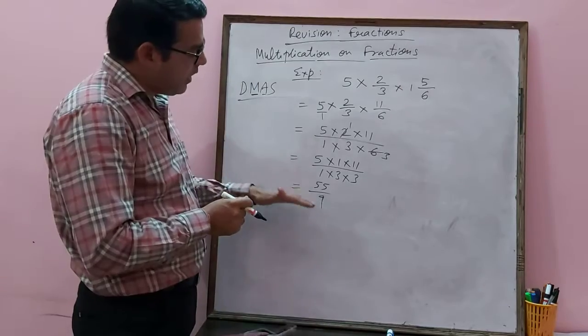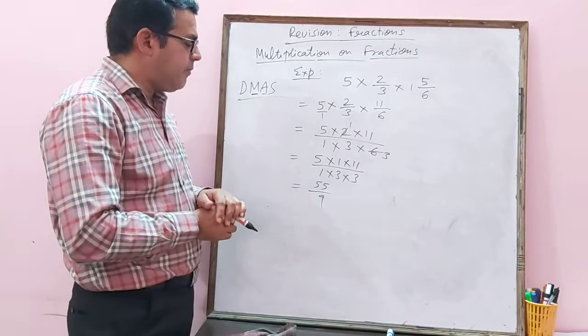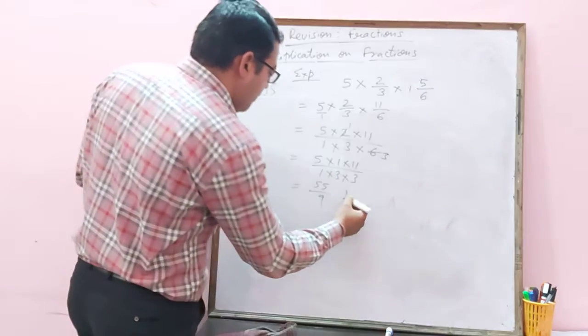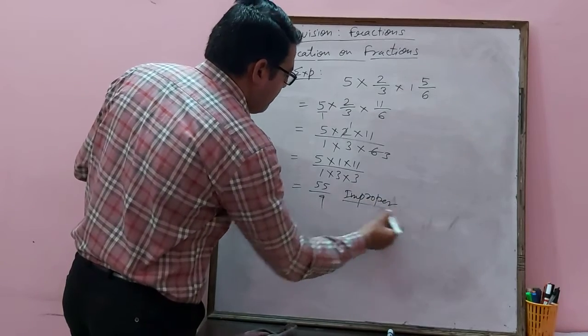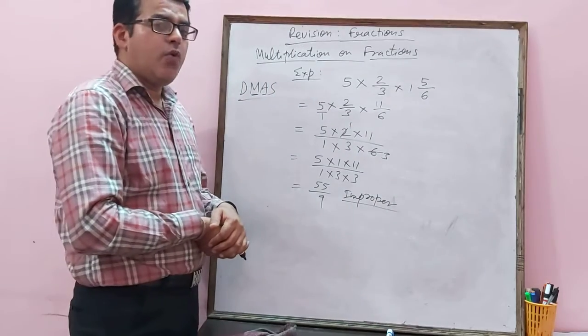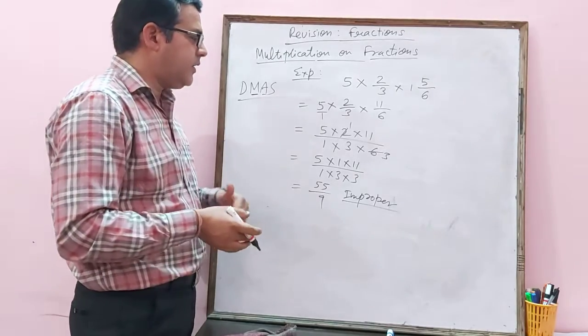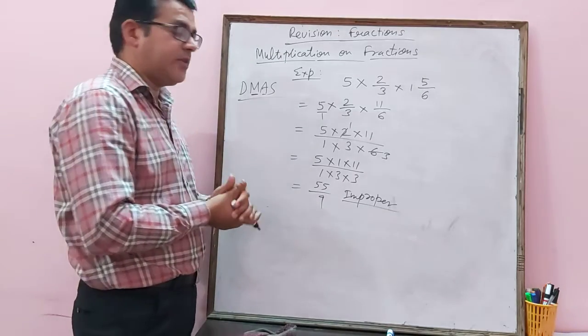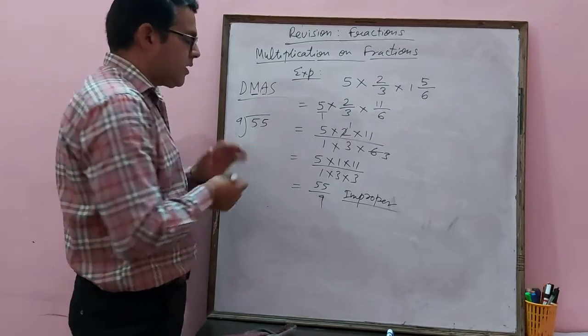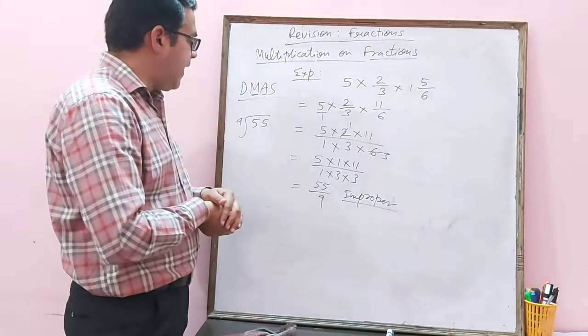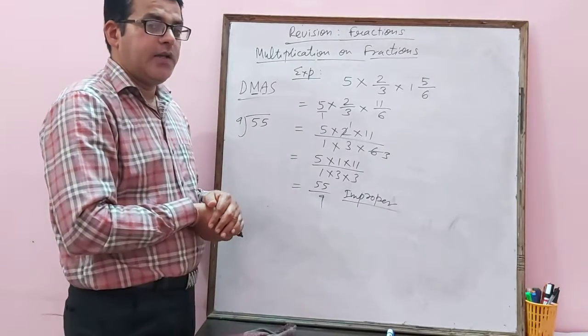Now you can see here 55 by 9. This is an improper fraction. So what to do? We have to convert this improper into mixed. How? So many times I have explained to you. We can divide this 55 by 9.